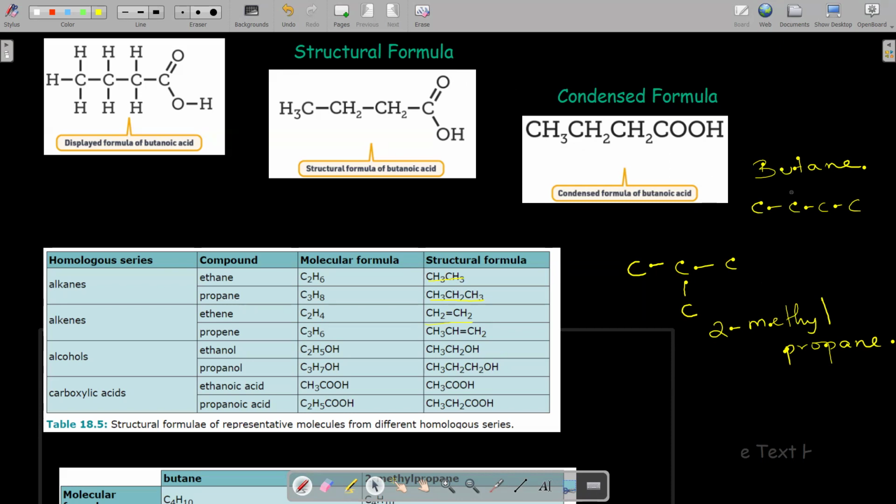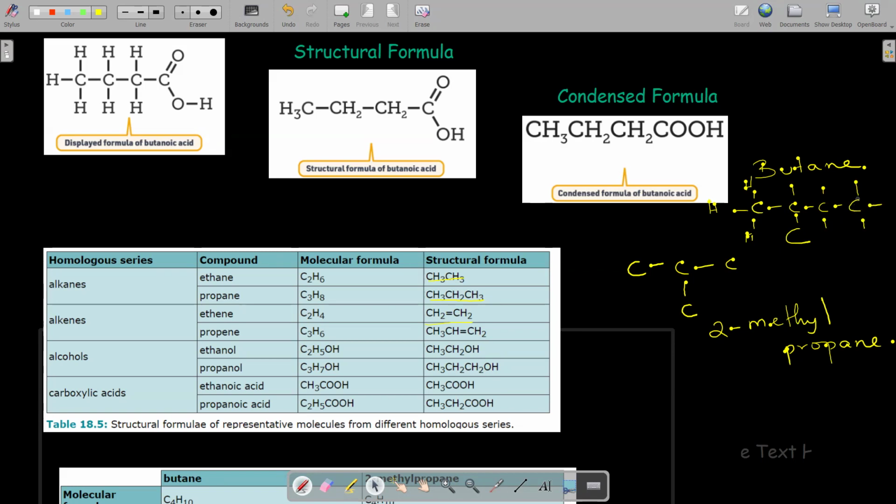Now, what is the molecular formula of this? What is the molecular formula of butane? C4. Okay, count the number of hydrogens now. Here you have 3 hydrogens. There are 2 hydrogens here, 2 hydrogens here, and 3 here.